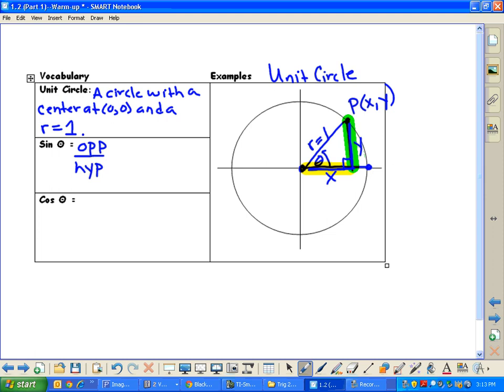But if we look at where theta is on our circle, the opposite side is actually your y value, while your hypotenuse is 1. If I divide this out, y divided by 1 is just y. So you could find the sine of theta just by looking at the y coordinate.